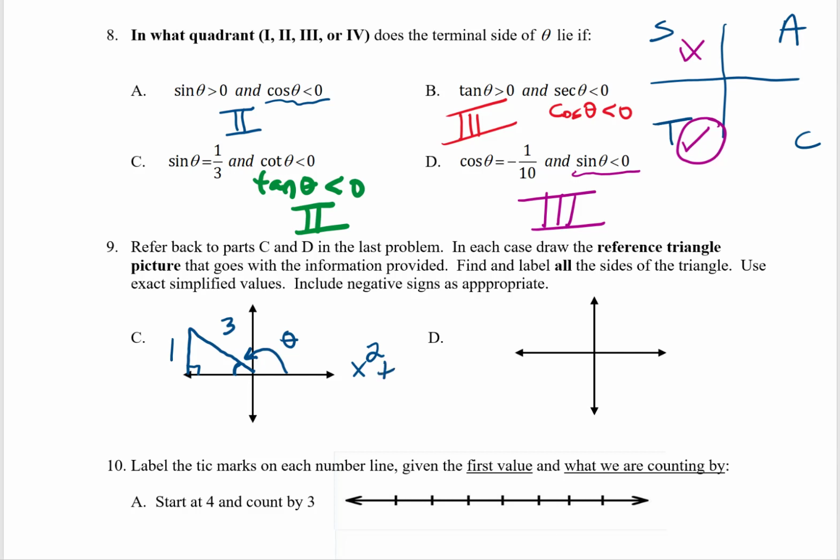So I'll have x squared plus 1 squared equals 3 squared. That's x squared plus 1 equals 9. Subtract the 1. X squared will be 8. Square root each side. Remember, when you square root both sides, there's that plus or minus, and in this case, it does matter. I'm in the second quadrant.